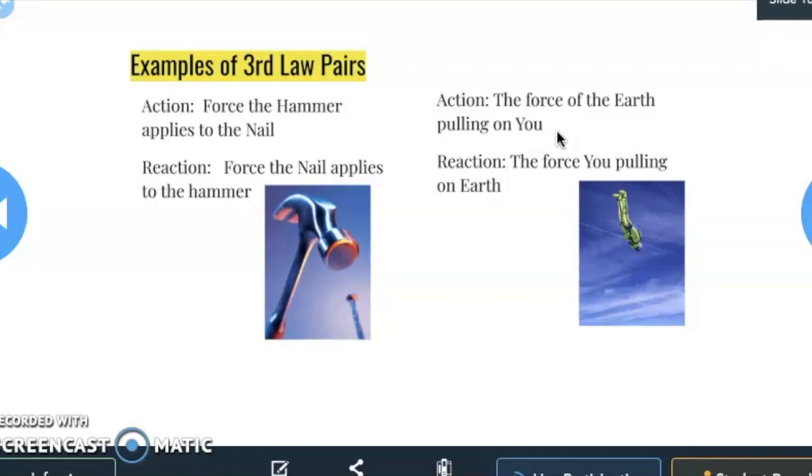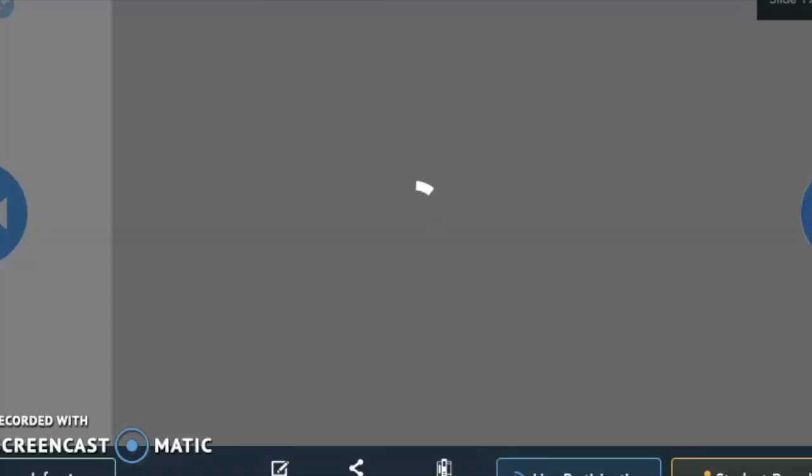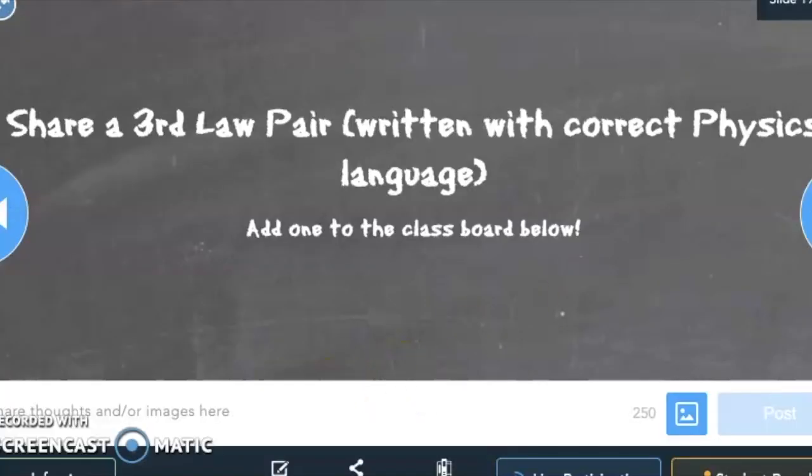Now I know that seems hard to believe, but for Newton's third law, the two things interacting will always experience the same amount of force in opposite directions, but that doesn't guarantee that they're going to react the same way. Now, before we get to how things will react, make sure you share using the proper wording.